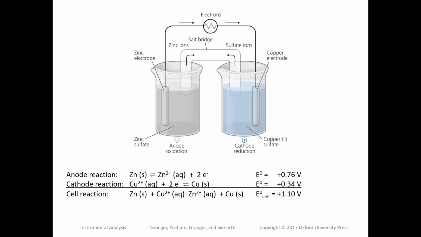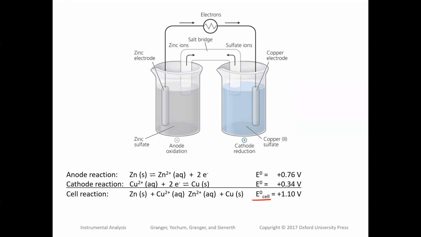This is a simple one where you have zinc going to zinc 2 plus on one side and copper 2 plus going to copper on the other side. And you can calculate the overall potential of a cell if you know those standard reduction potentials from the previous slide.